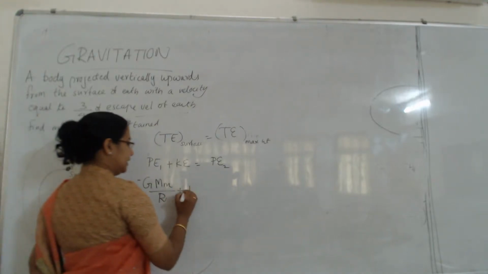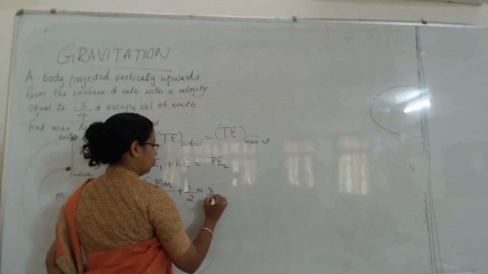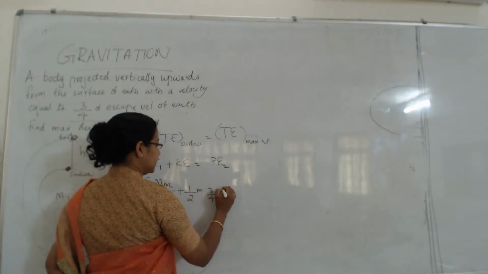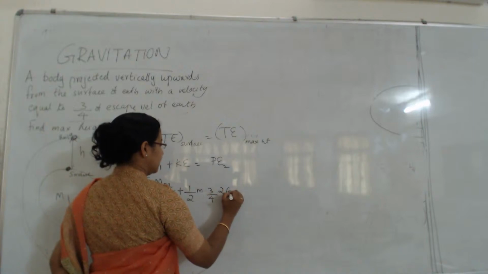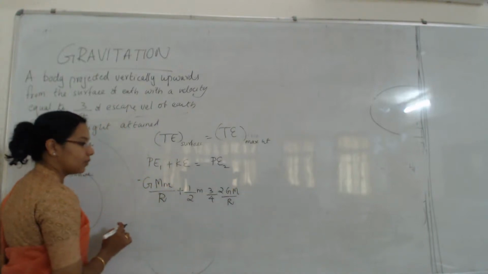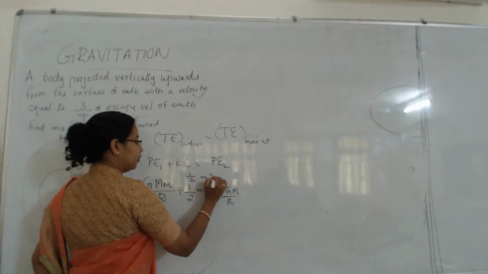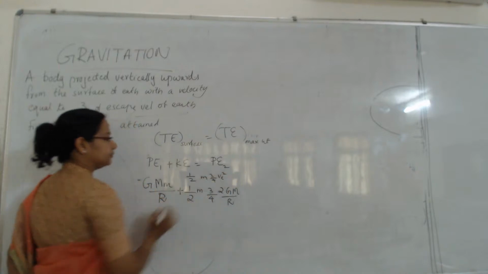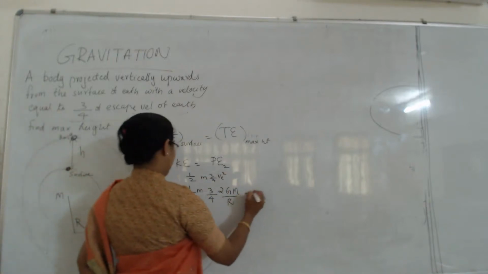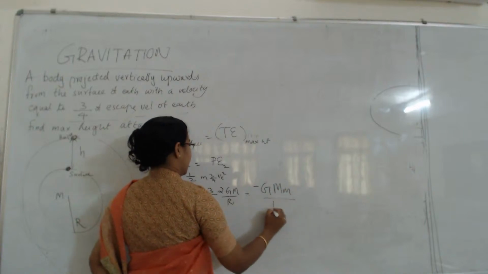So we can write half into m into the velocity squared, where the velocity is 3/4 of escape velocity of the Earth, which is root over 2GM by R. This is nothing but half m into 3/4 escape velocity squared, equal to the maximum height energy, minus GMm by R plus h.